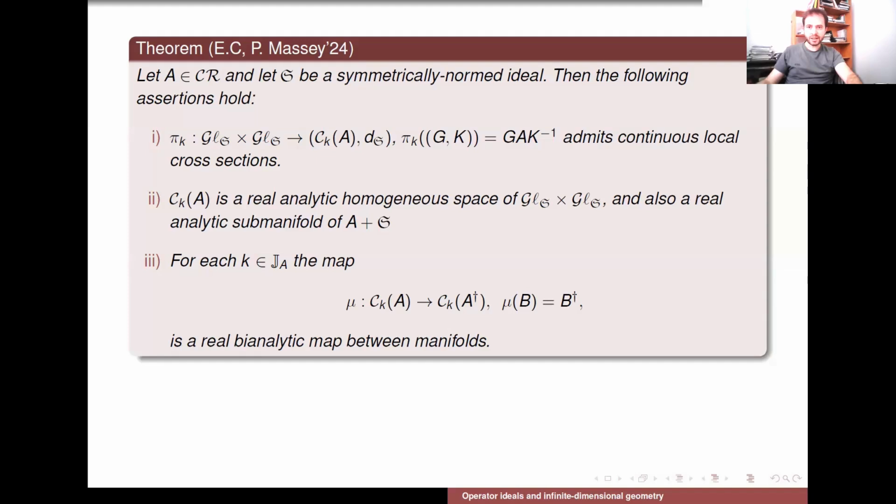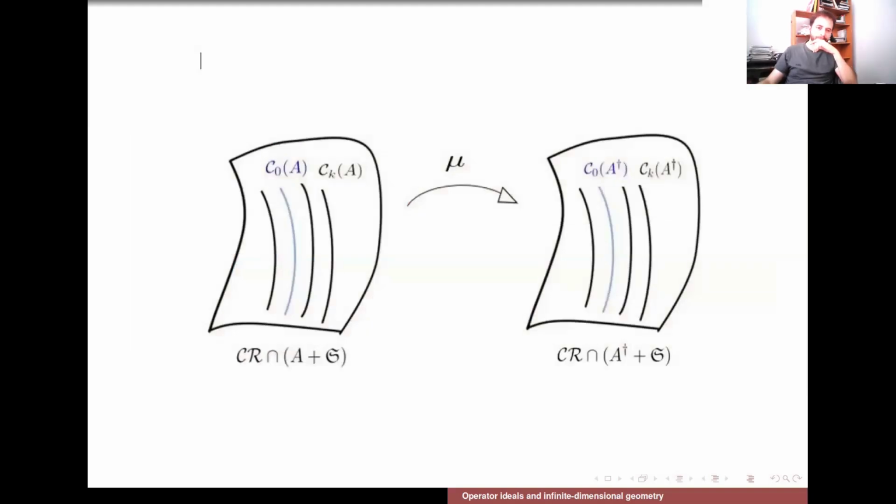I will try to give some ideas in the proof of these items to finish the talk. First, we look at this picture here. On the left side, we have our set of perturbations.